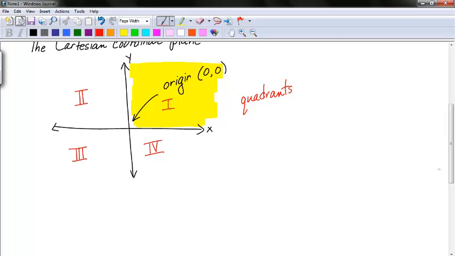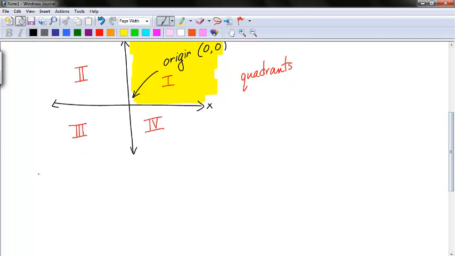The next thing the author talks about in this section is they will give you a graph and ask you to describe the domain and the range. So I want to look at some examples. The directions will say find the domain and range of each relation.